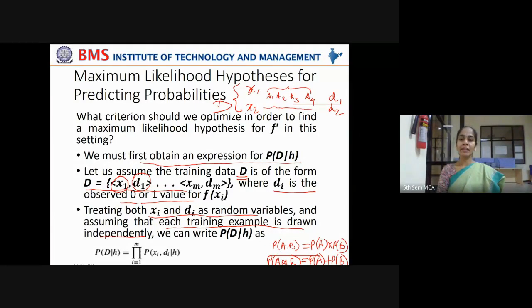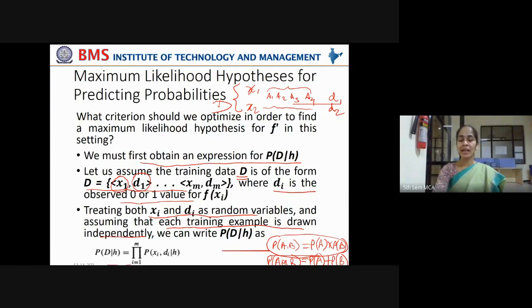Did you understand clearly? So whenever you are drawing a sample or training example independent of other draws, then the probability of one draw is multiplied with the probability of the other draw. You have to represent it as the product of the individual draws. I have given this entire explanation to explain this formula.